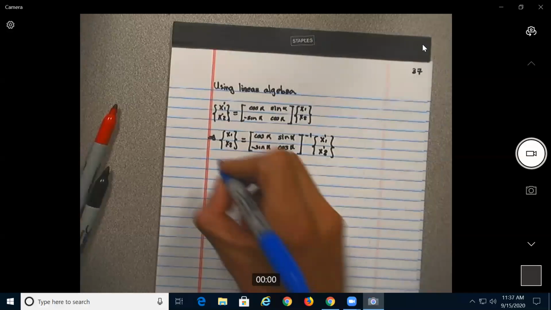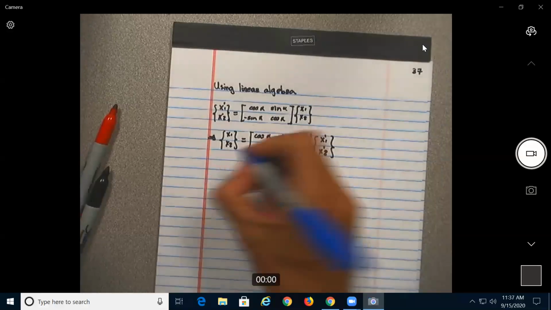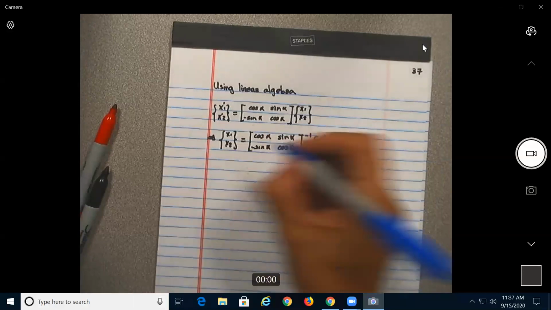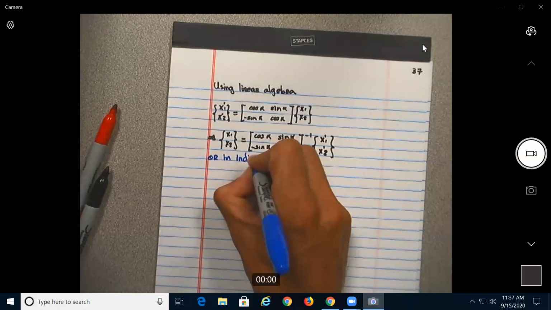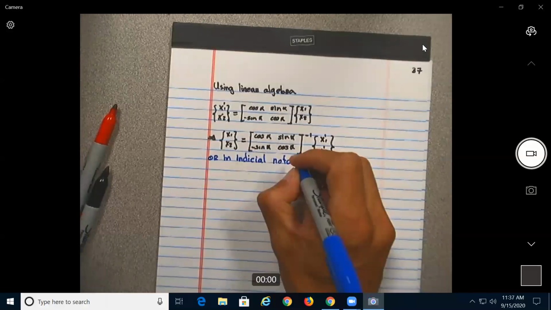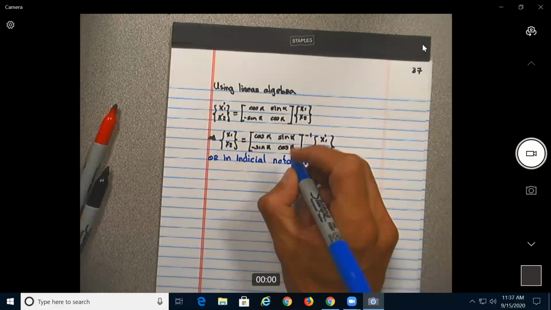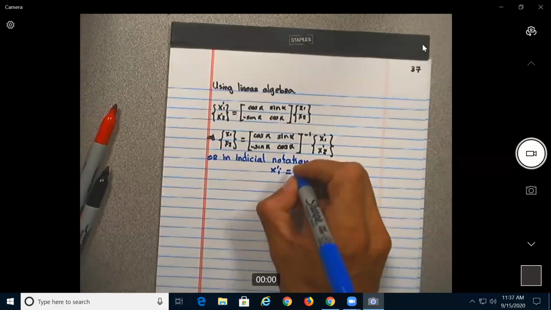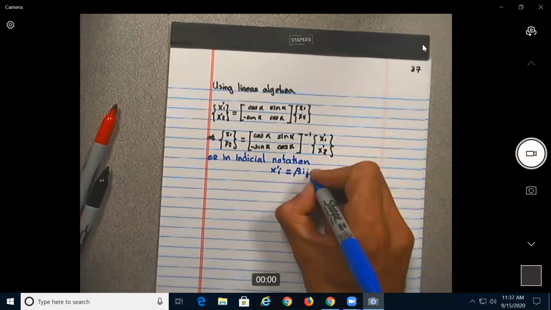Or in the initial notation, x prime i will be equal to, remember, we started with beta ij x j. That's what we started with.